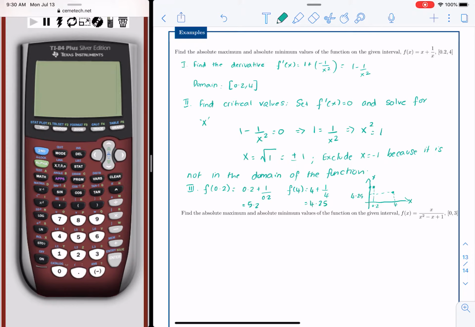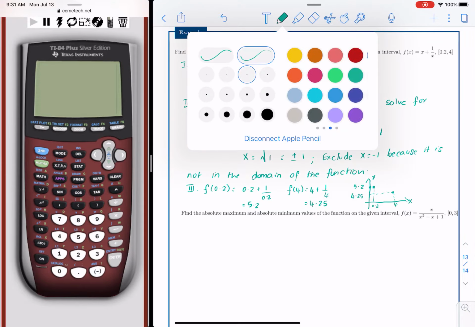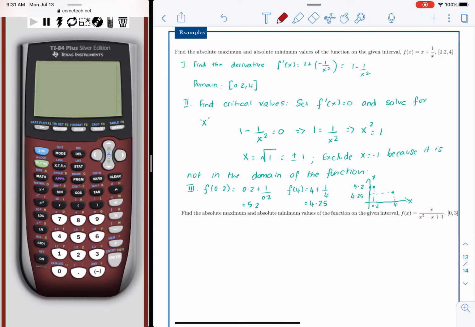So that would tell us something about the critical value. The critical value happens at 1. So it's somewhere right over there. So 1 is right there.